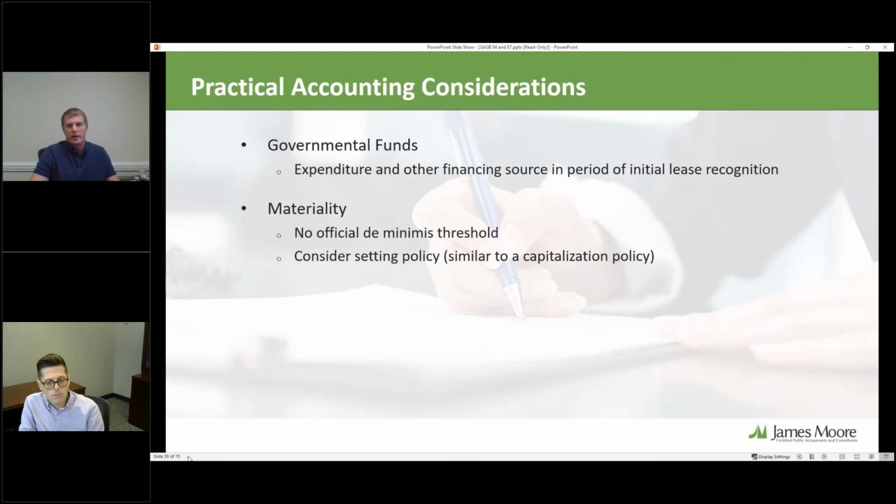However, we are recommending that you, considering your organization, set your own policy, similar to what a capitalization policy would be. Really what you're looking for here is you want to be recording any material leases. However, if you've identified a certain threshold that would be immaterial to your organization, then it may be worth not including those under the scope of GASB 87 since it wouldn't be material.